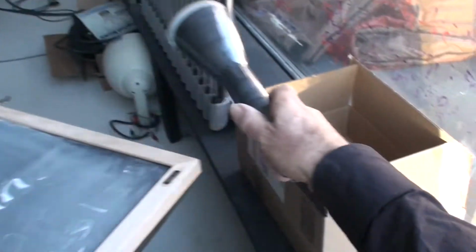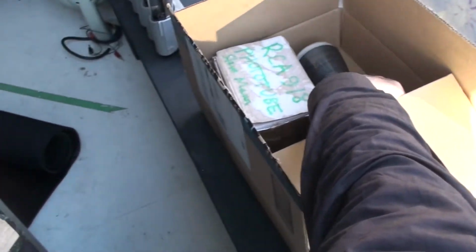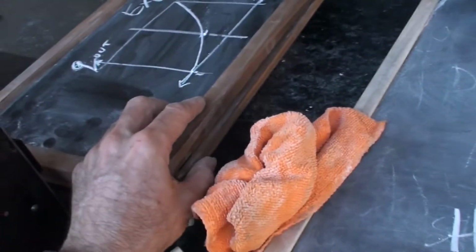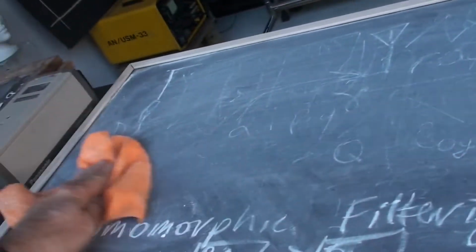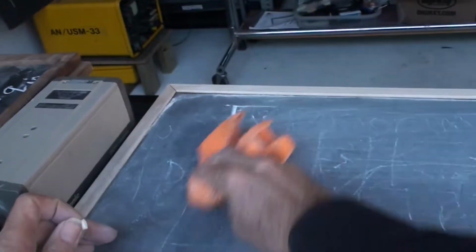Television. And if we look at what that does, I'll put this tube away here in the box. I'll set these cameras aside for a moment, clear off some space. Let's look at what anti-homomorphic filtering does.